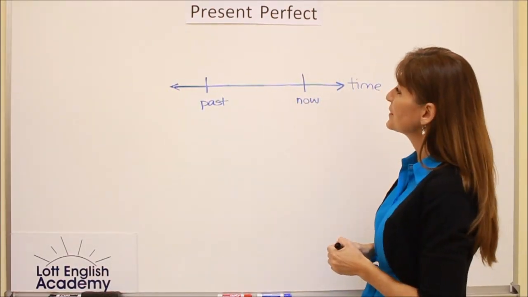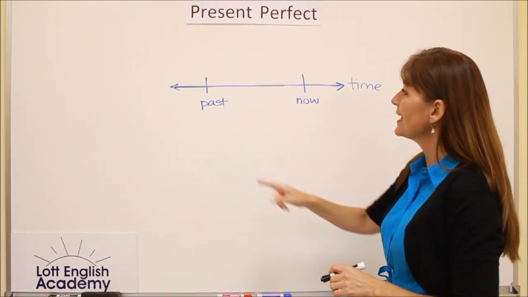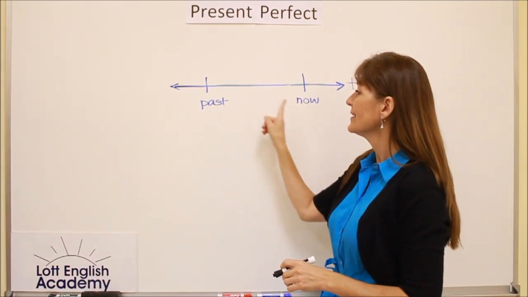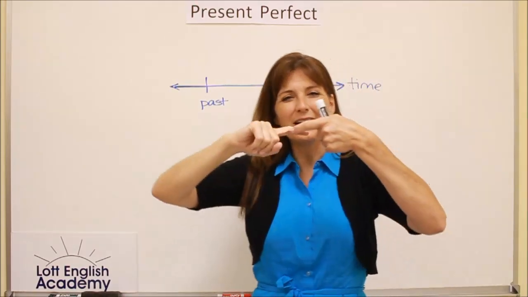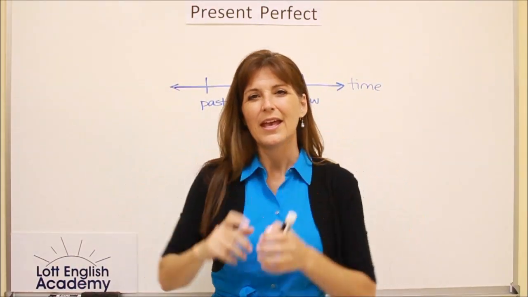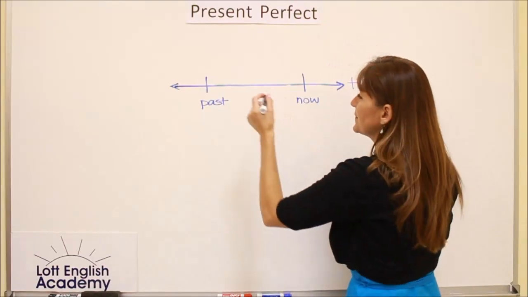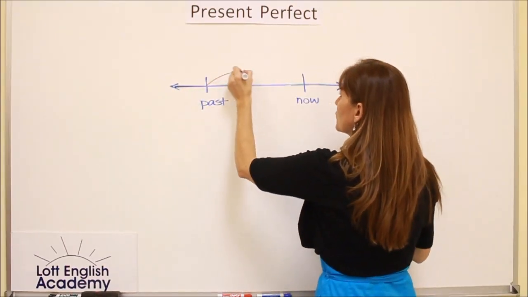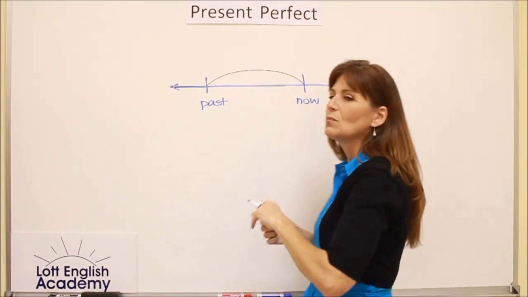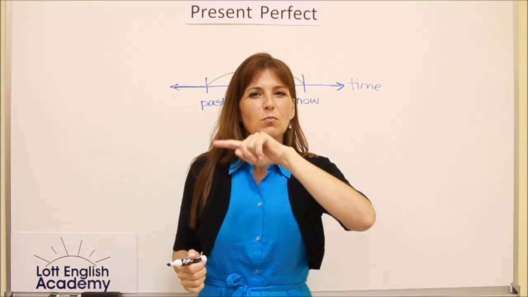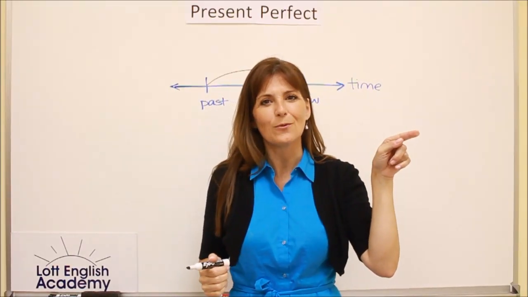Now, when we talk about the present perfect, there's always a connection between the past and now. We're going to show that connection with a line here. It's like a bridge from the past to now.